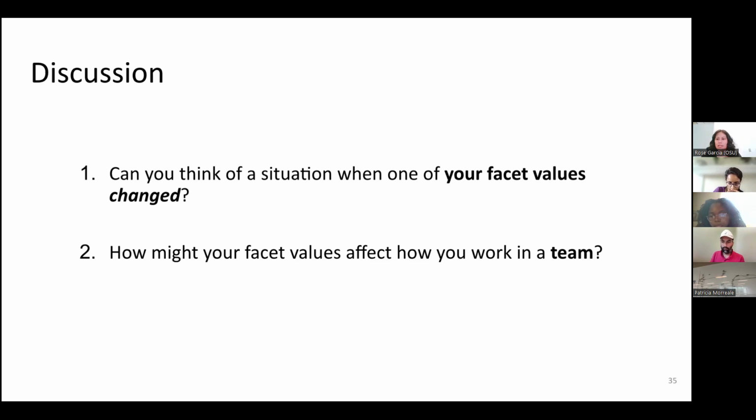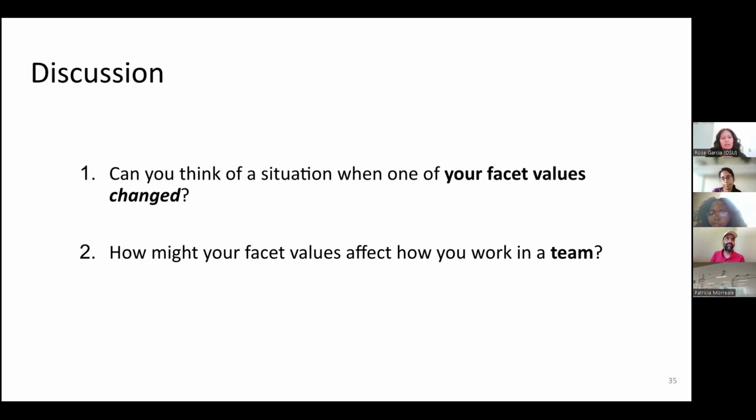Yeah, I think those are some really good examples. Even in smaller daily tasks, I could see some of my facet values changing a little bit. For example, in terms of privacy and security, if I'm doing my taxes, I'm probably a lot more concerned about that than if I'm making a tweet that just says, "Oh, I had a great day today."